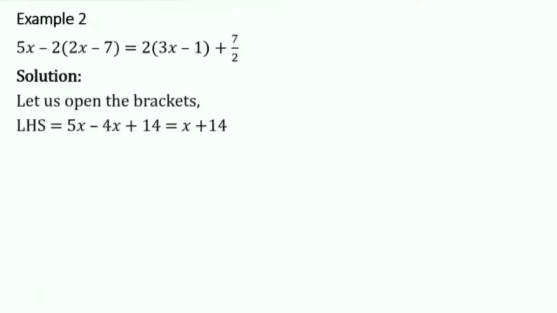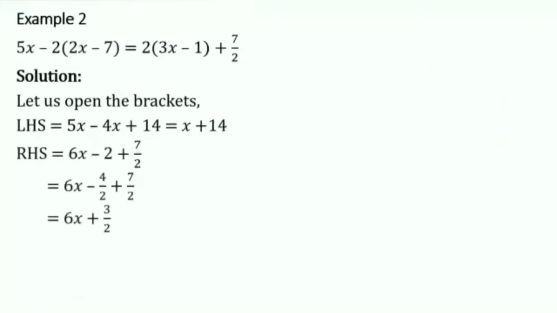So on the left hand side, opening the bracket, we'll get 5x minus 2 2s are minus 4x and minus 2 into minus 7, 14, which is equal to 5 minus 4 is x plus 14. While on the right hand side we'll get 3 2s are 6x minus 2 plus this 7 upon 2 we are writing as such.